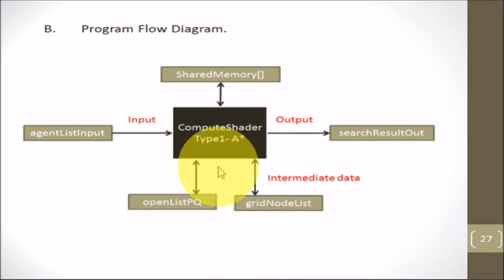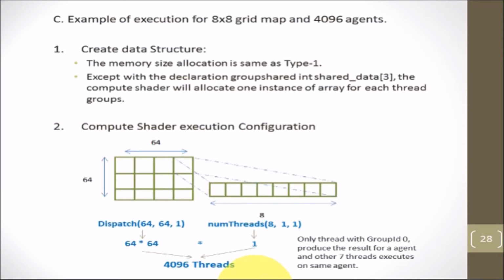So this shared memory will be an extra data type which will be used by ComputeShader for synchronizing the different threads within a thread group. Because this is a slightly more complicated implementation than type 1, we will discuss some more aspects in detail.